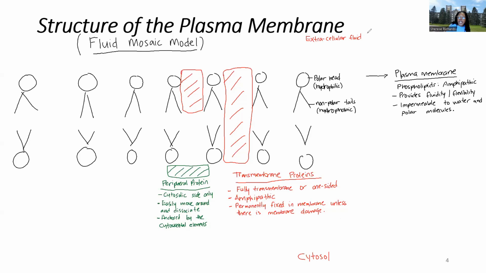Right? So this is sort of the outside of the cell, while this is the inside of the cell. And so therefore we can begin to think about the peripheral proteins as being on that inner face of the cell membrane.